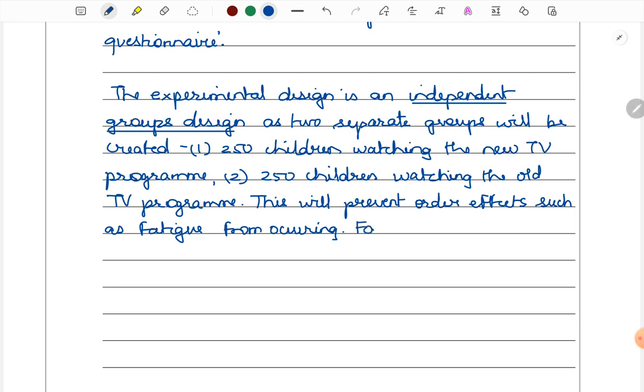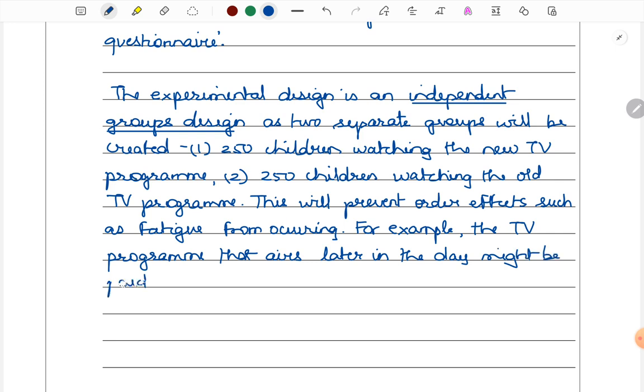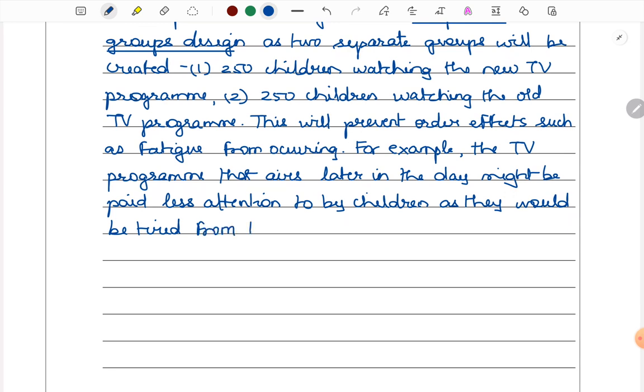For example, the television program that airs later in the day might be paid less attention to by children as they would be tired from having watched the program that airs earlier.